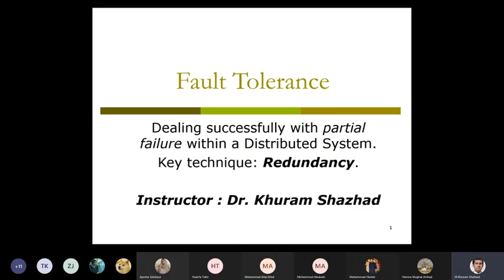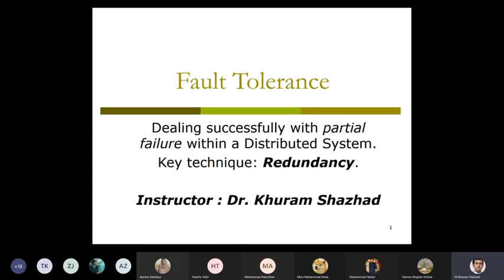Because one system failing out of the distributed system can affect only a specific number of systems, and not all the systems. So therefore the failure is partial. In order to counter this problem, the failure of distributed systems, we have a response which is called redundancy in general.